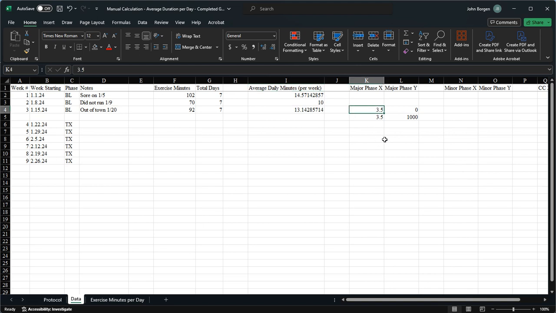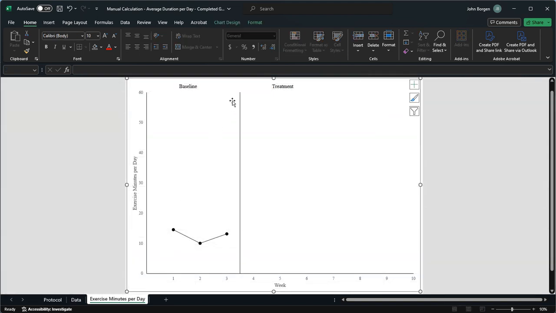The last thing that I want to highlight, because this is something that will bear repeated mentioning, as it is not necessarily an intuitive concept to most folk, this line up and down here is our major phase line, because we need to put a wall between our baseline and our treatment.